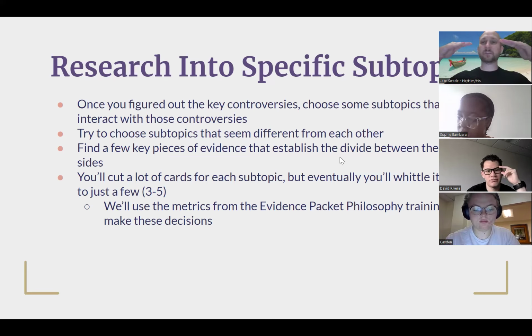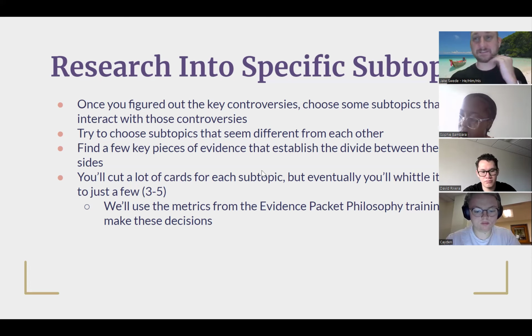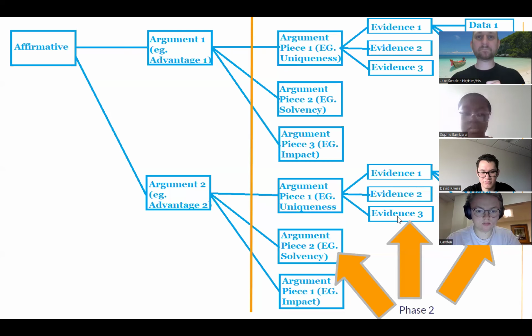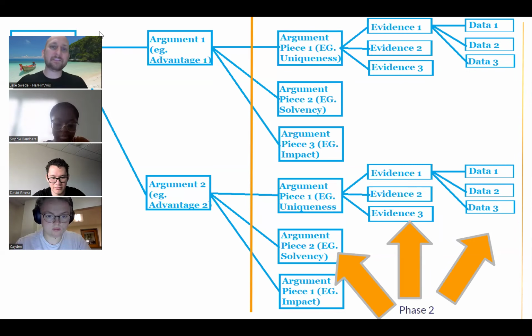And then once you've found that key evidence for both sides and generated about 30 or 50 cards for each subtopic on both sides, we can start making choices about what fits, what doesn't fit, and what we want to do with it, right? Okay, so again, the second phase is more about the latter half of this model, this structure.